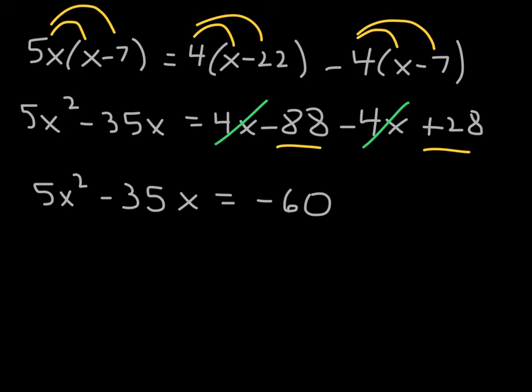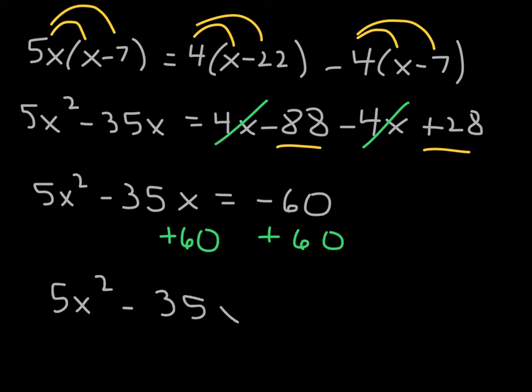So in order to set this equal to 0, what I'll do is I'll add 60 to both sides, right? Because you want negative 60 to go from the right side to the left. That way you get 0 right here. So then you get 5x squared minus 35x plus 60 is equal to 0.